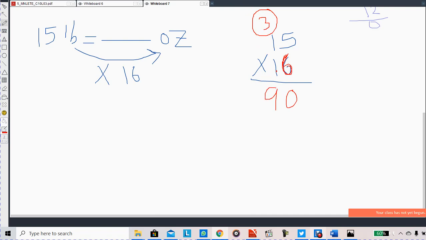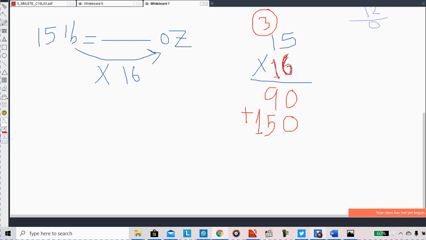After that, we're going to multiply by 1. But before that, you have to put 0 first before you multiply by 1. 5 multiplied by 1 equals 5. 1 multiplied by 1 equals 1.